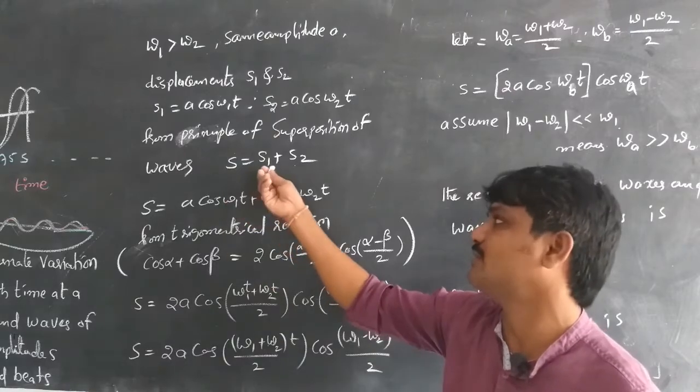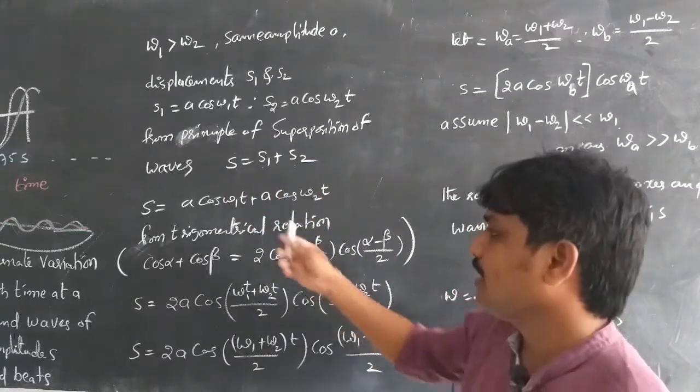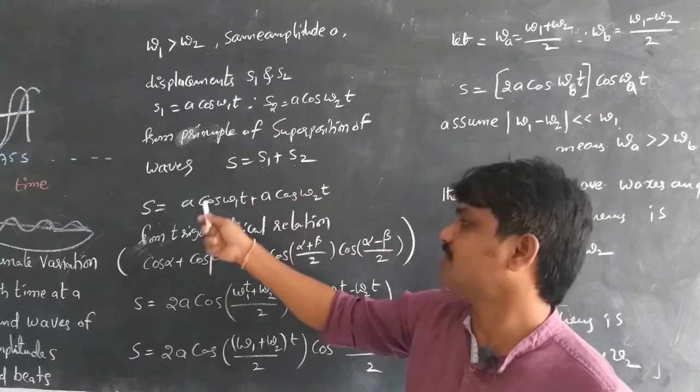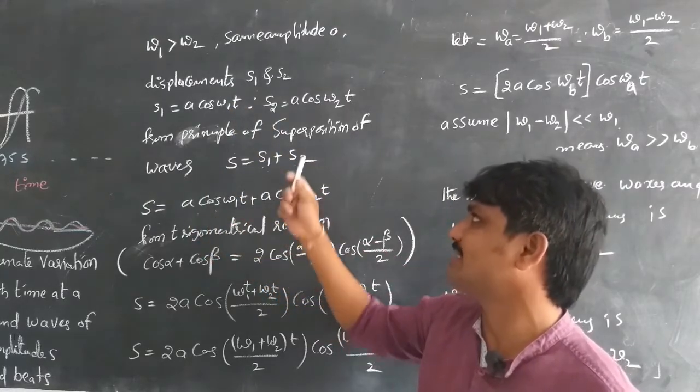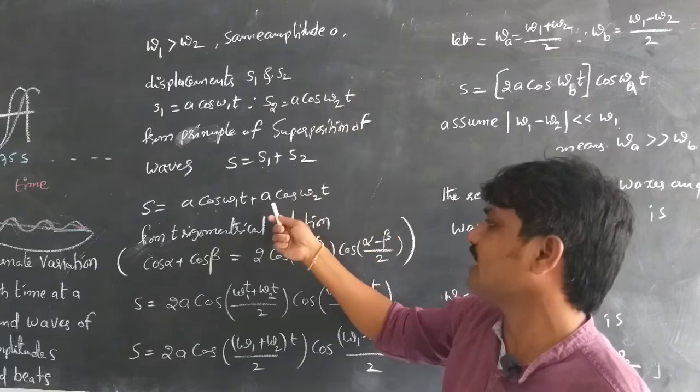So S equals A cos omega 1 t plus A cos omega 2 t.